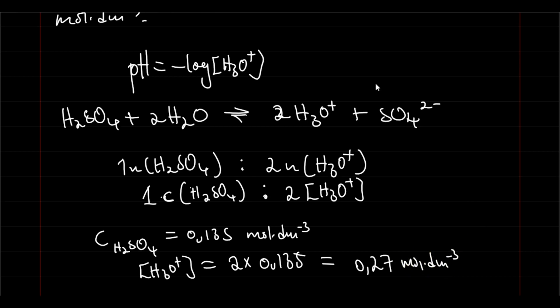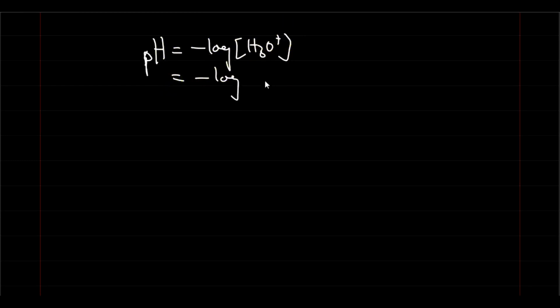Okay, so we can take this 0,27 now and put it in the pH equation. Negative log of hydronium, you write it as it is. So negative log of 0,27. What do you get?